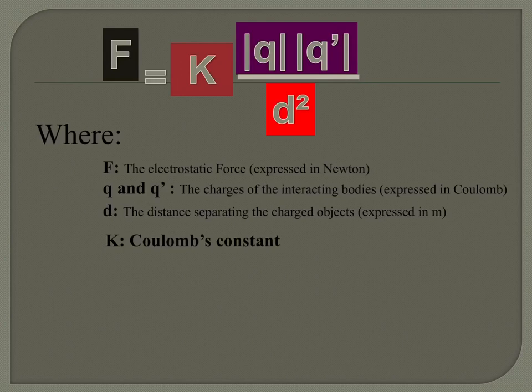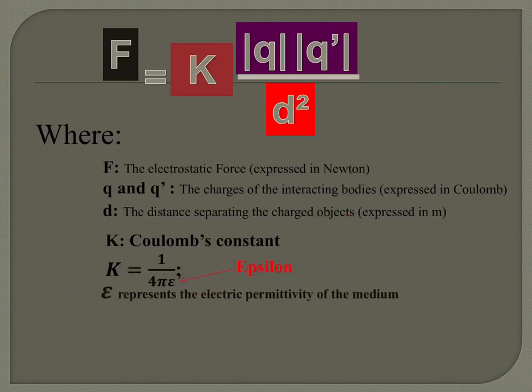And finally, we have Coulomb's constant, which is calculated by the ratio 1 over 4 pi multiplied by epsilon, where epsilon is a Greek letter that represents the electric permittivity of the medium. It is a constant that describes the electric properties of the medium where the experiment is taking place.